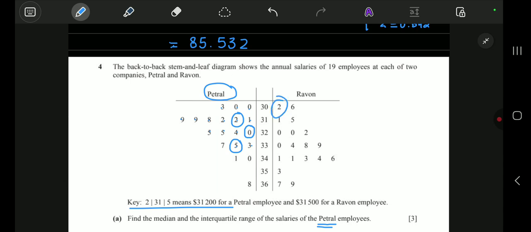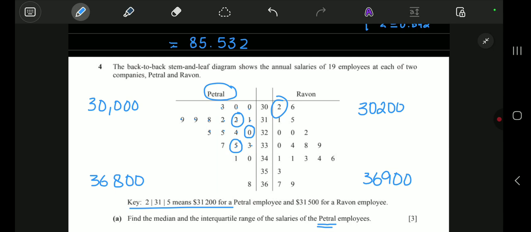But we also need to look for the upper and lower term. So the minimum term is 30,200 and the maximum is 36,900, and for the Petrol company it is 30,000 and the maximum is 36,800. So we need to distribute the given graph in such a way that we cover all these. So we need to go from 30,000 to 37,000.